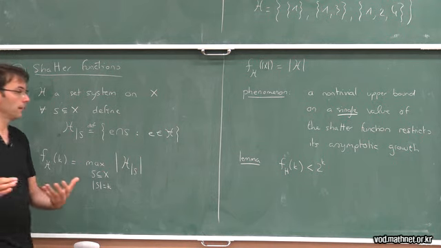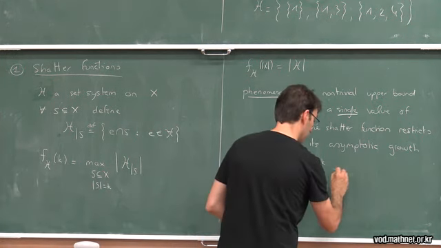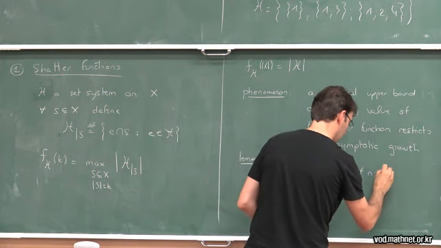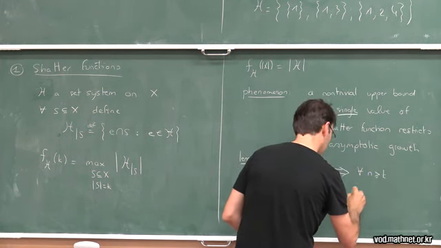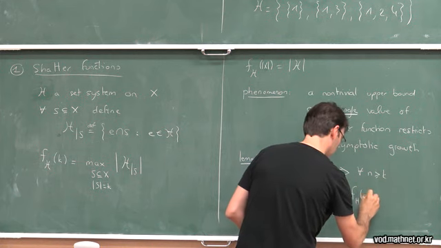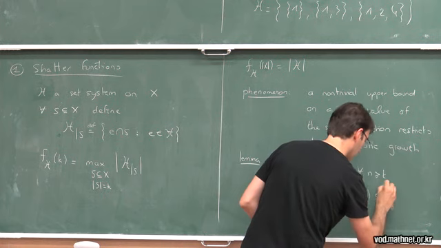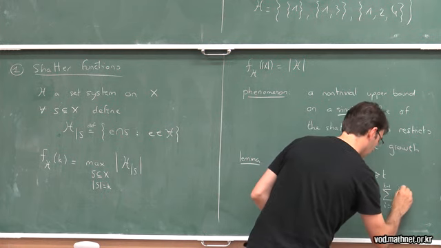If you give me that it's less than that, then for any n larger than k, fh of n is at most the sum for i equals 0 to k minus 1 of binomial n choose i.